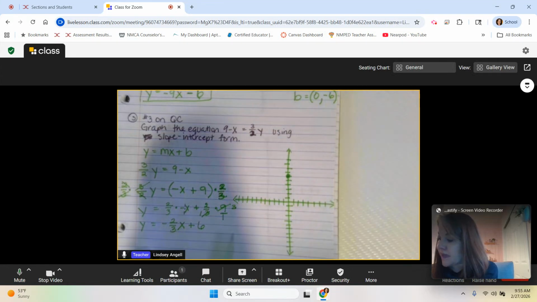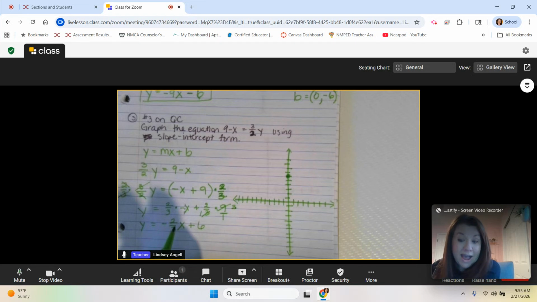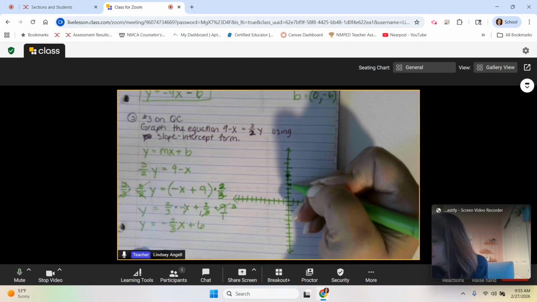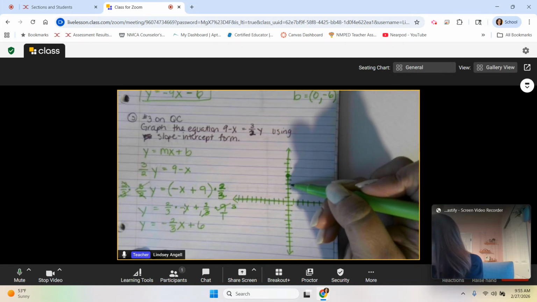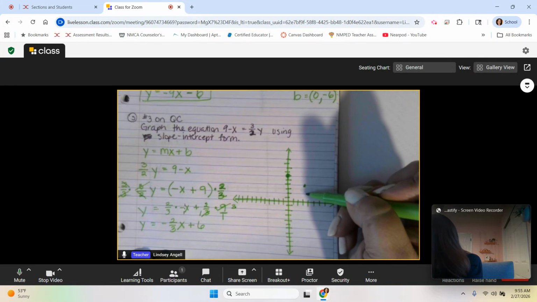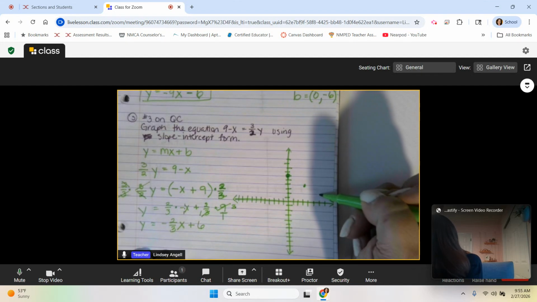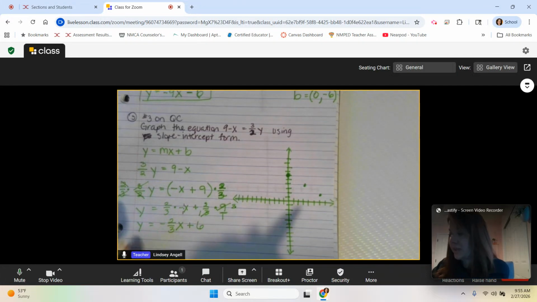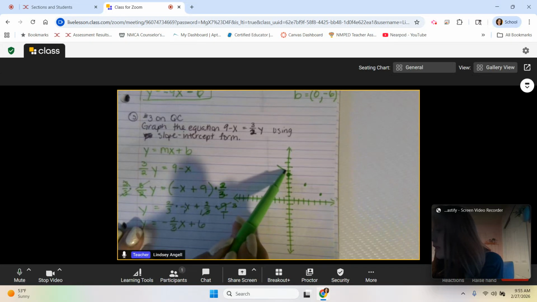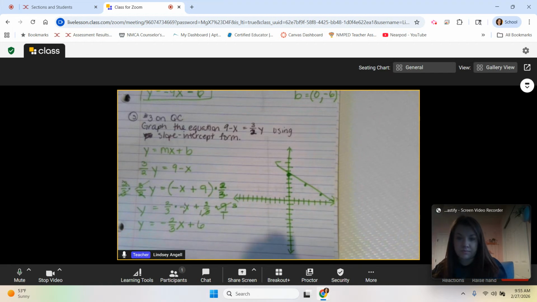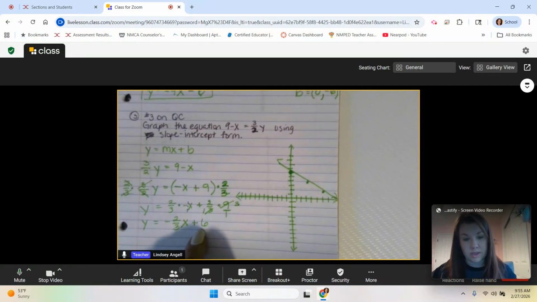So I could say that I'm rising -2, or from this point I would go down 2, and then I'm going to run 3. Then go down 2 and run 3, and so on. And you could keep doing that. And then you connect the dots. And so that's the line plotted from this equation.